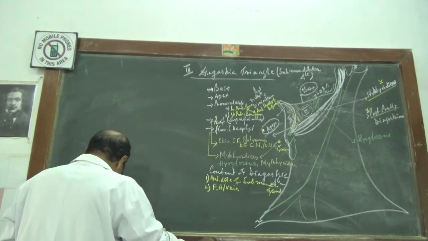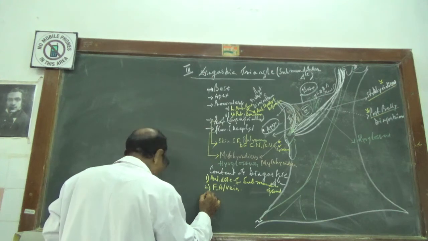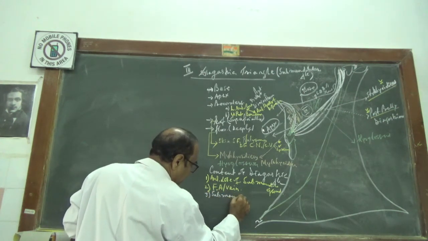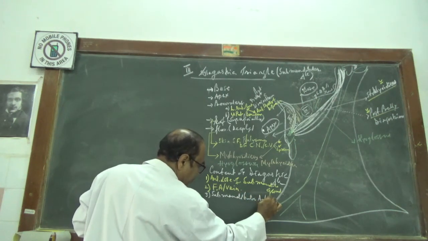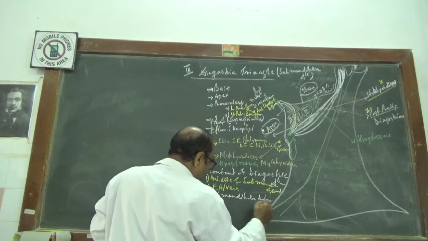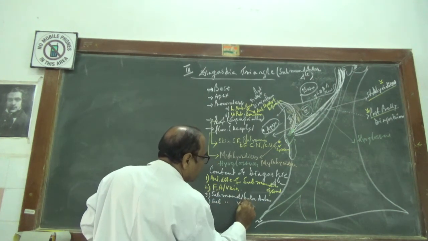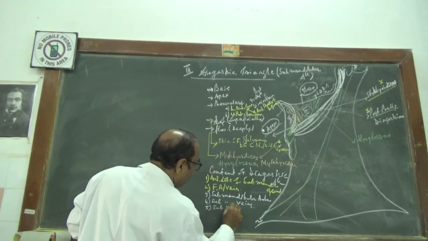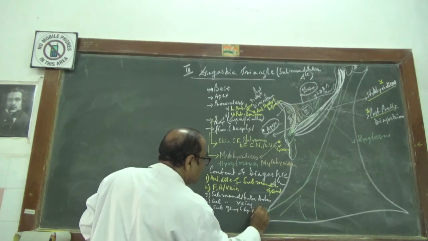Then you are going to get the submandibular artery, submandibular vein, and the submandibular group of lymph vessels and nodes.